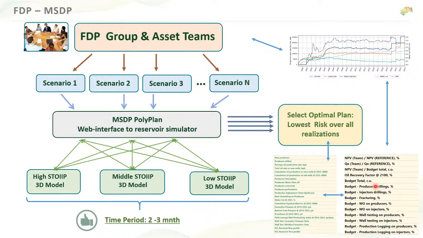So you're looking at the financials, you're looking at the production, you're looking at the producers and injectors, and I would say those are the main differences. Yes, you need a history match model to use MSDP.